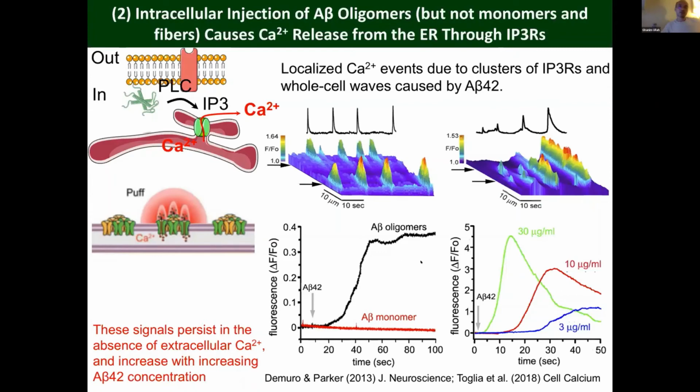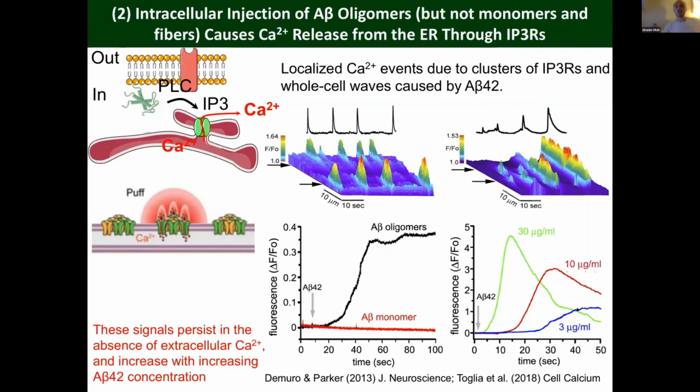This shows that the monomers, just the single peptide, wouldn't cause any calcium release, but the oligomers, where you have 4, 5, 7, or 8 monomers making oligomers, are the ones which cause the calcium release.